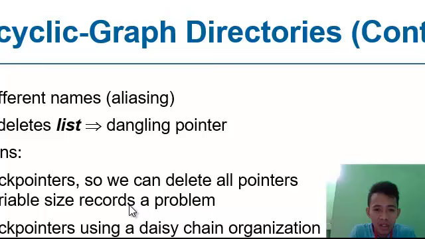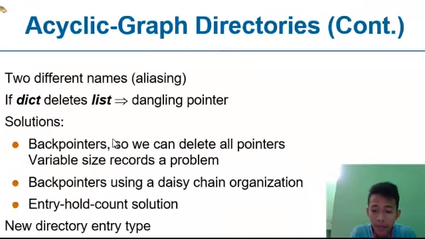Variable size records a problem. Back pointers using a daisy chain organization. Entry-hold-count solution. New directory entry type: link, another name, pointer to an existing file. Resolve the link by following pointers to locate the file.